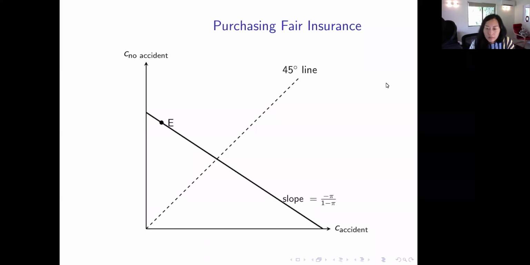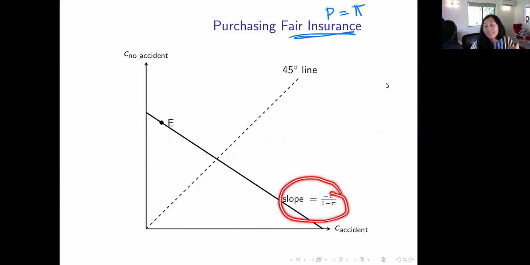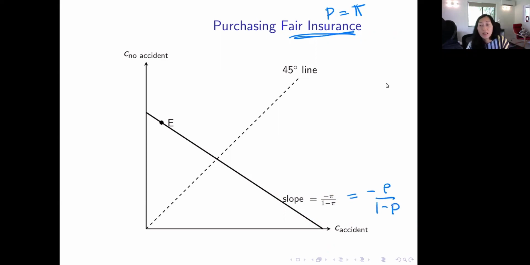So therefore, if we set P equal to pi, because of the fair insurance, so we know that P must be equal to pi. As a result, the slope of your budget line would be equal to negative pi over 1 minus pi, right? We replace P with pi since they are equal due to the insurance being fair.